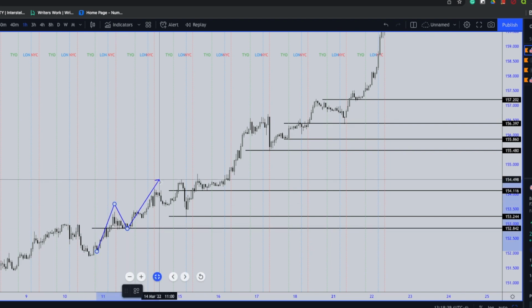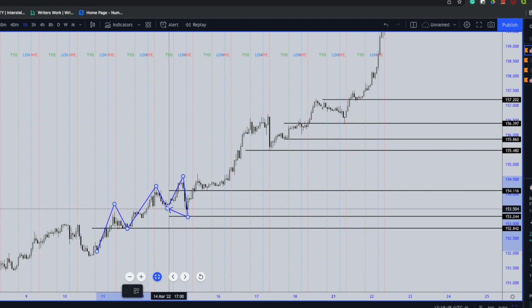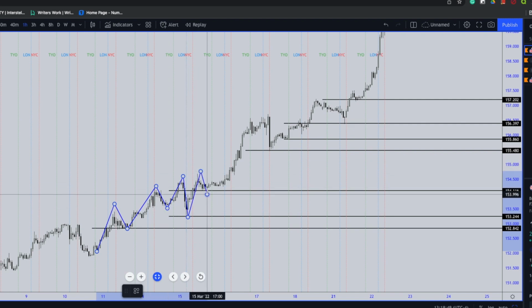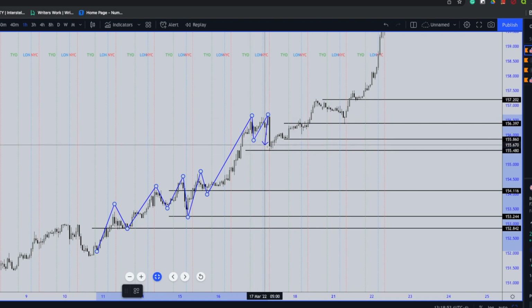Trending up. Higher highs, higher lows. Higher highs on the daily, liquidating internal liquidity. Here you can see that pattern that I showed you guys, grabbing liquidity from internal areas and then showing us a willingness to go higher. Same thing here, grabbing internal liquidity and then showing us a willingness to go higher.